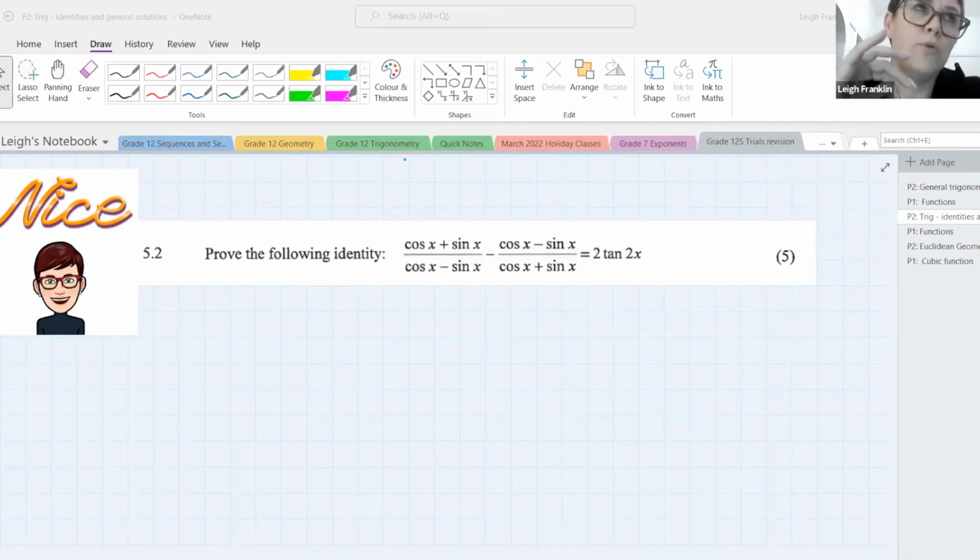So when you are proving an identity, you are treating the left-hand side and the right-hand side as 2 separate things. You must work with the left-hand side separately and manipulate it, mathematically correctly, so that it looks like the right-hand side. Or sometimes you can work with both the left and the right, but you've got to do that independently of one another. Very, very important.